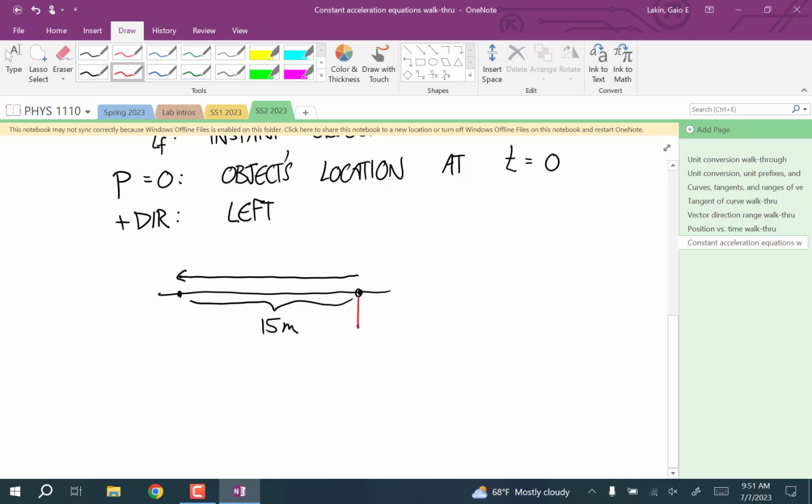I chose my 0 position to be here, my positive direction to be this way, and that means if you start at 0 and go 15 meters in the positive direction, this location has to be positive 15 meters. And this would be at 0 seconds there, and we're trying to calculate this instant. We don't know what this is. That's going to be our time final.